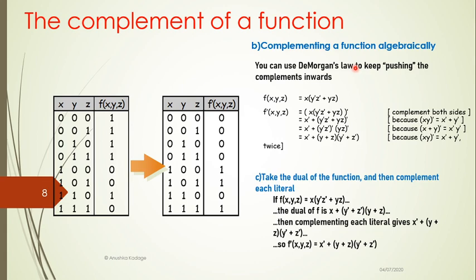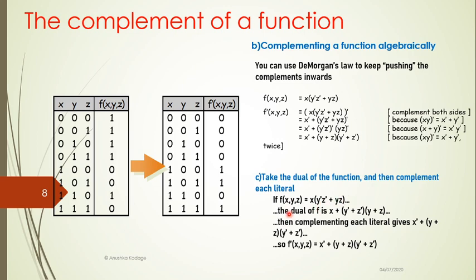Now, there is another third method for calculating the complement of a function, which is called taking the dual of the function. Now, what is this concept of dual? Again consider a three variable Boolean function given as x ANDed with y dash z dash plus yz.